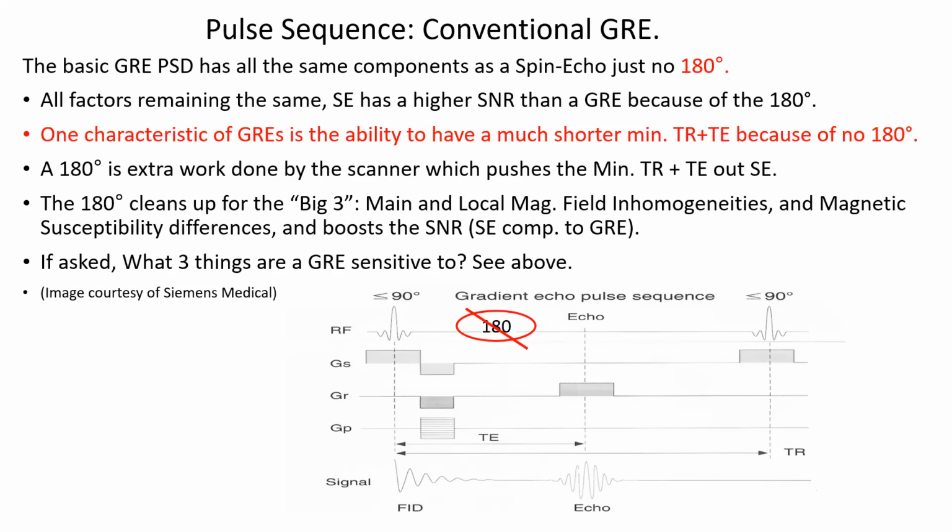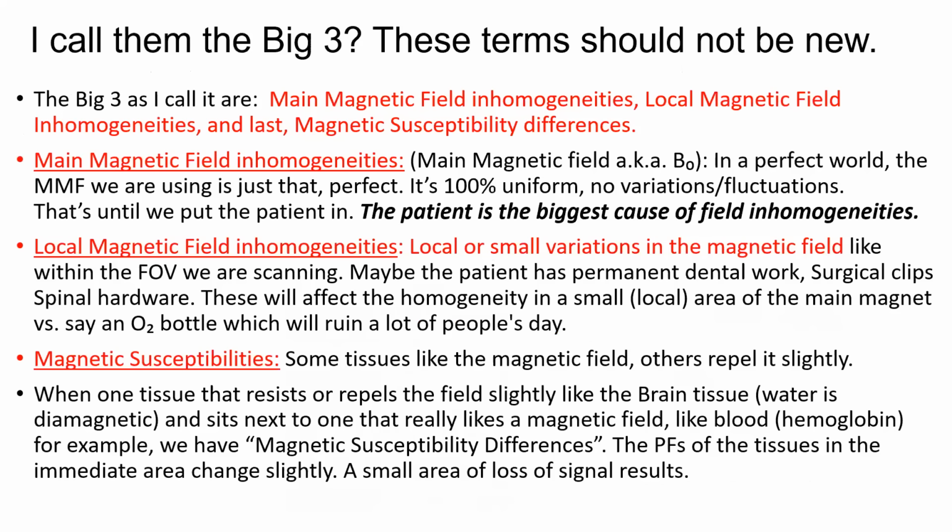So all factors remaining the same, a gradient echo versus a spin echo, gradient echo has a lower overall signal to noise because there's no 180 that cleans up for those 3. So the question here would be, what are the 3 things that will affect signal to noise in a gradient echo? Main, local, and magnetic susceptibility differences.